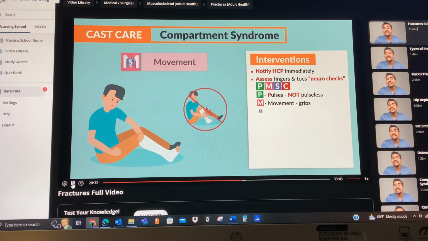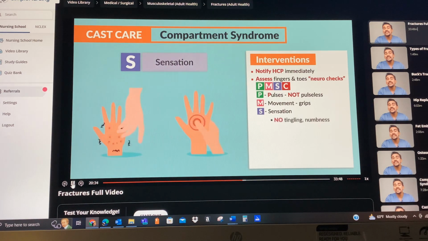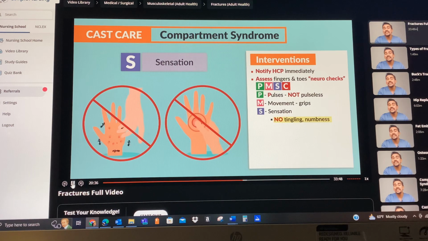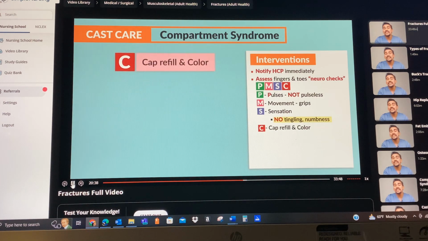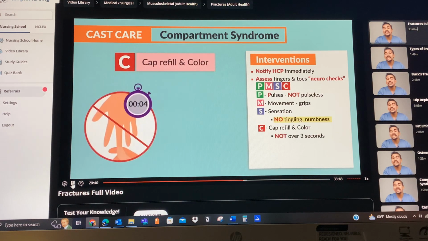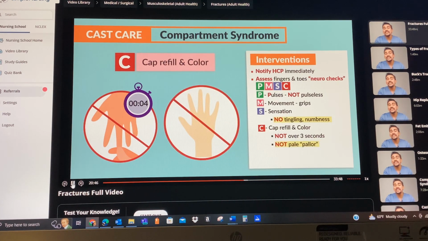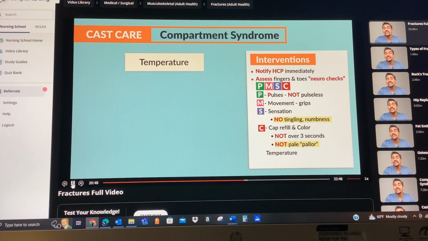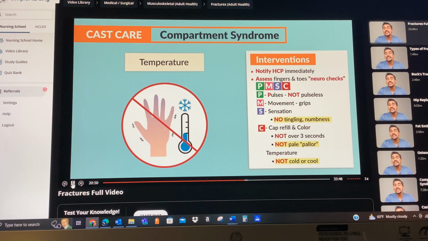S is for sensation. There should be no tingling or numbness. C is for capillary refill and color. Cap refill should be less than 3 seconds, and not pale or with pallor. And the temperature should not be cold or cool.